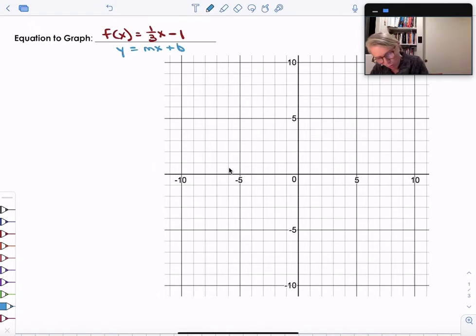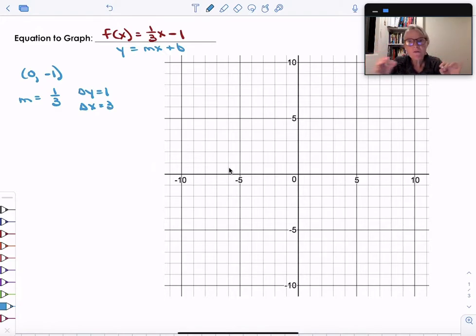Nothing new here, right? Our y-intercept is (0, -1), and our slope is 1/3. Again, that tells us change in y is 1, change in x is 3.